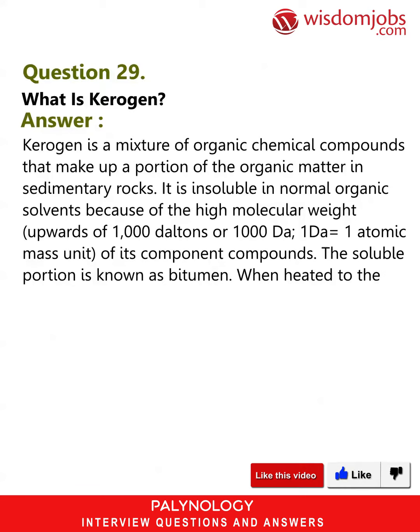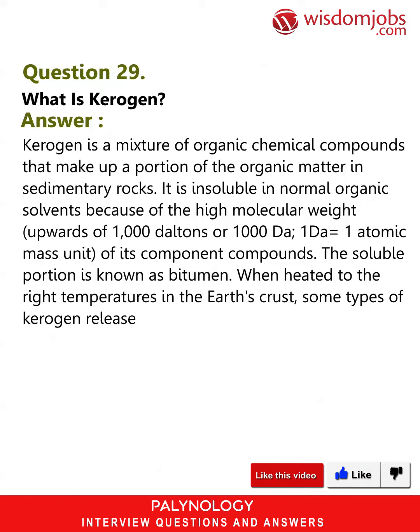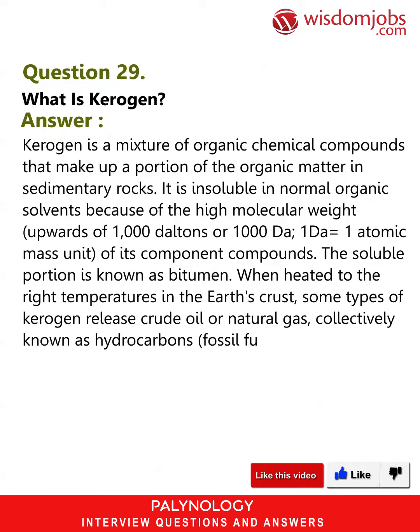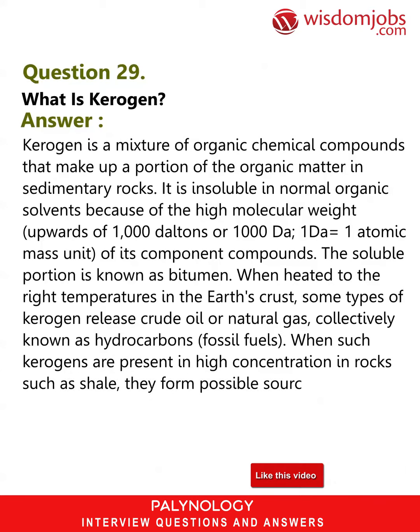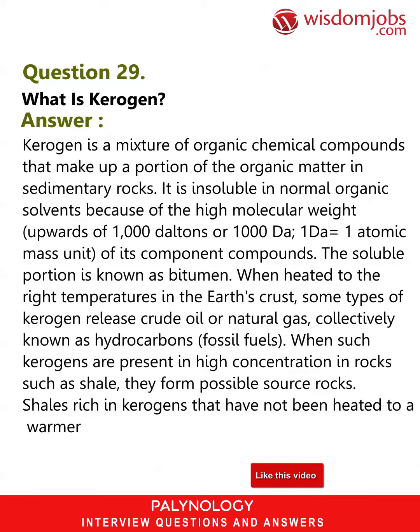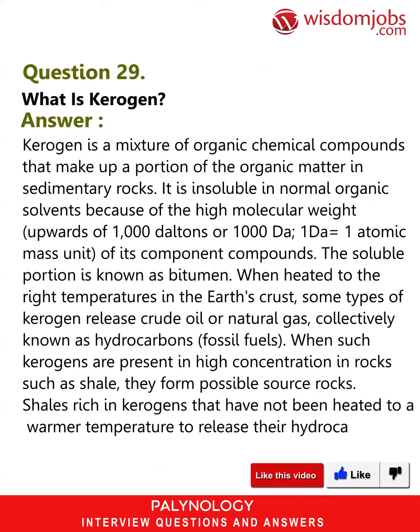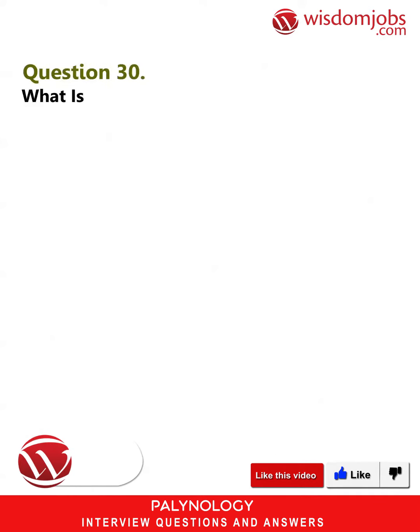When heated to the right temperatures in the Earth's crust, some types of kerogen release crude oil or natural gas, collectively known as hydrocarbons, fossil fuels. When such kerogens are present in high concentration in rocks such as shale, they form possible source rocks. Shales rich in kerogens that have not been heated to a warmer temperature to release their hydrocarbons may form oil shale deposits.